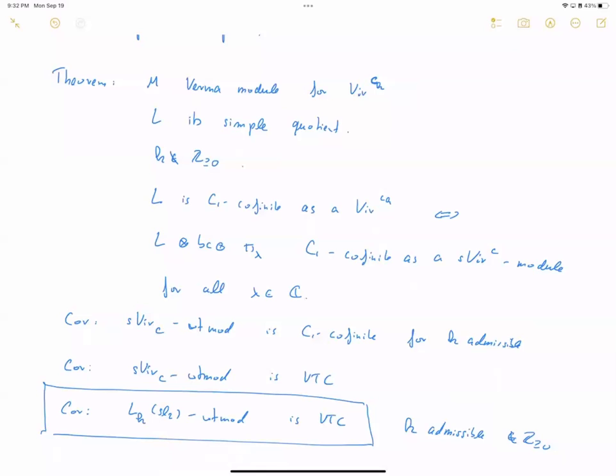Is there some assumption about finitely generated or something like that? Yes, finitely generated weight modules for the super Virasoro. Weight just meaning semi-simple action of the Cartan subalgebra. Okay. Just because this correspondence maps finitely generated to finitely generated. Okay.